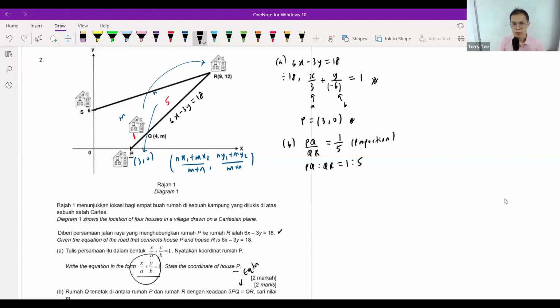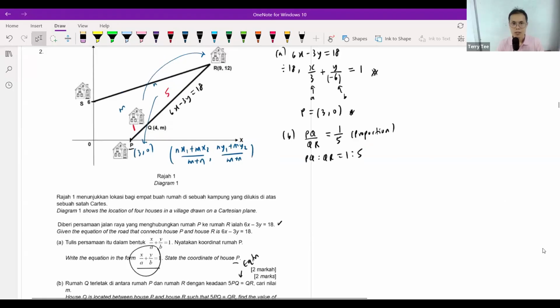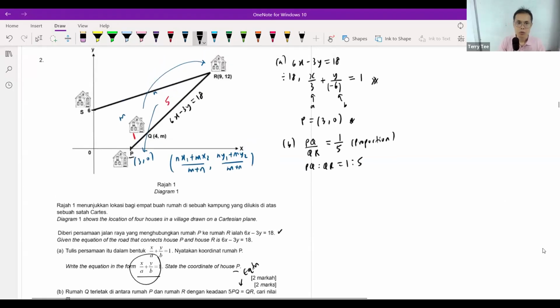So if you're finding the value of m, look at the question again. You're finding m, so m is your y coordinate. So don't bother about the x coordinate. Your y is m. You take your n first. n is 5. You multiply with the opposite coordinate 0. Your other one, m is 1.